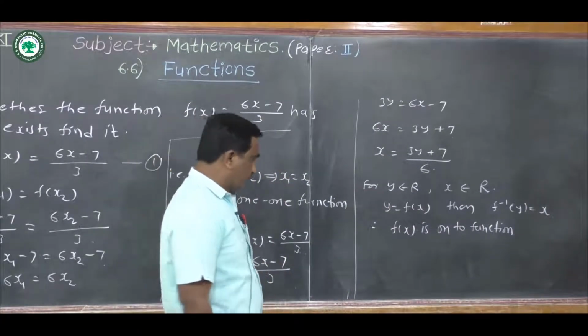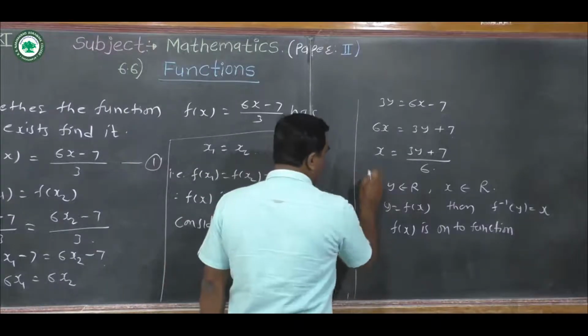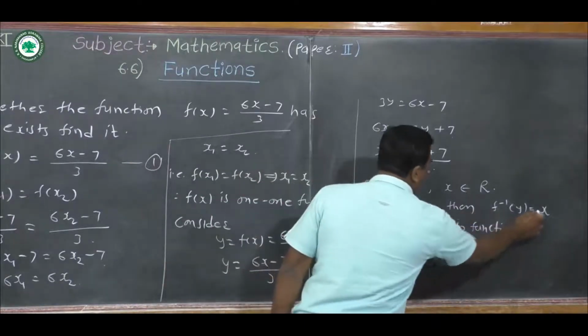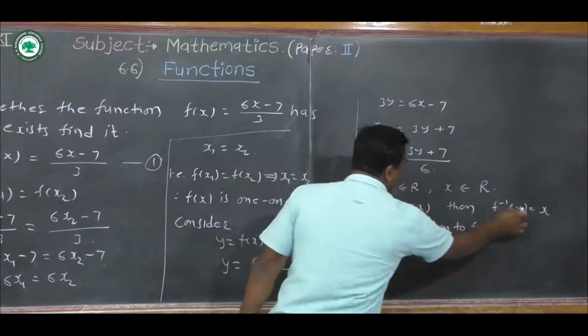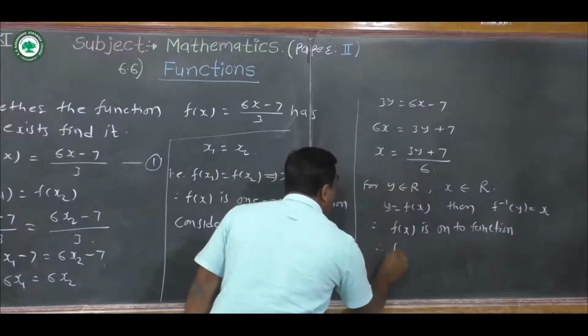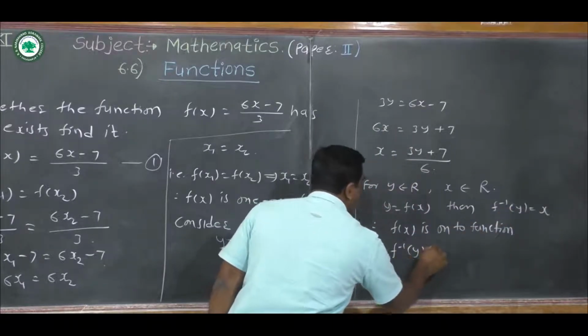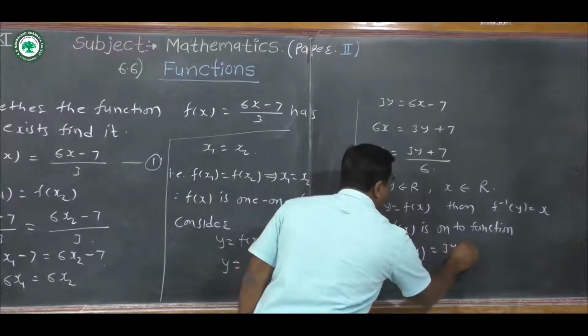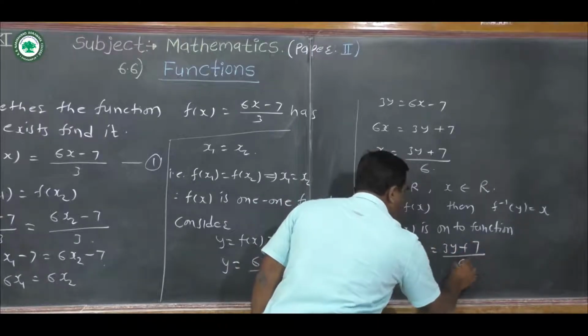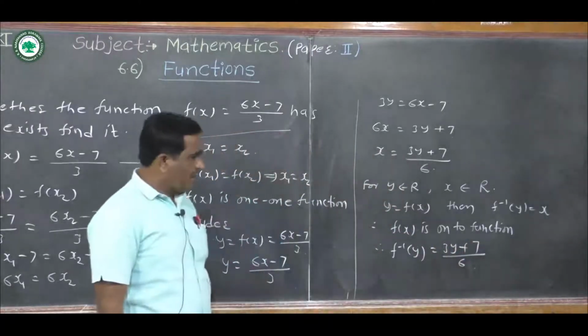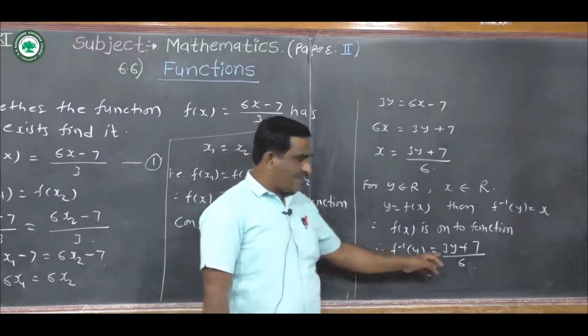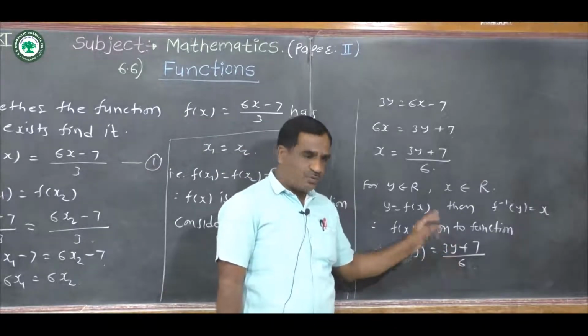Now we can write x is equal to f inverse of y, therefore f inverse of y is equal to (3y plus 7)/6. Now we replace y by x here. Put y is equal to x.